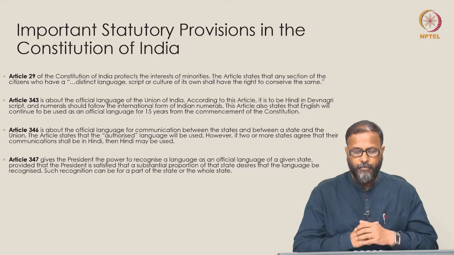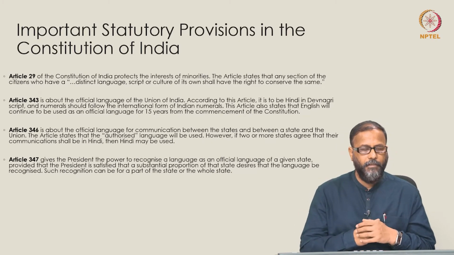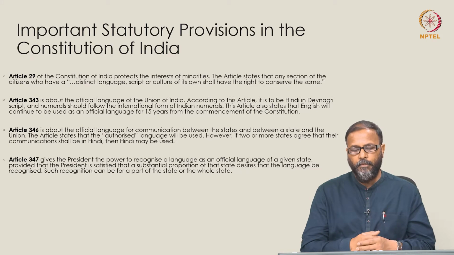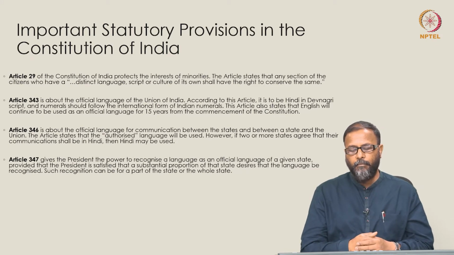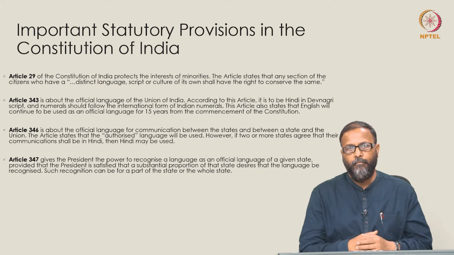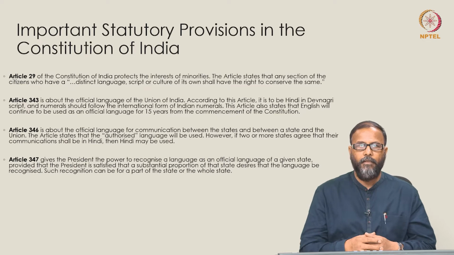The article states that any section of the citizens who have a distinct language, script, or culture of its own shall have the right to conserve the same. So lots of flexibility is there in our constitution.